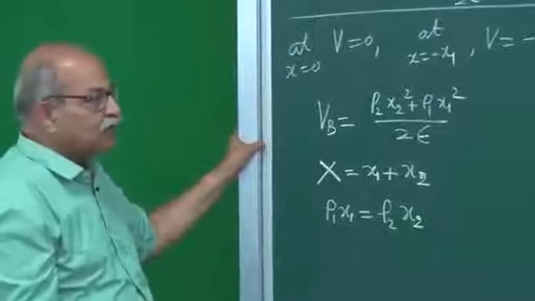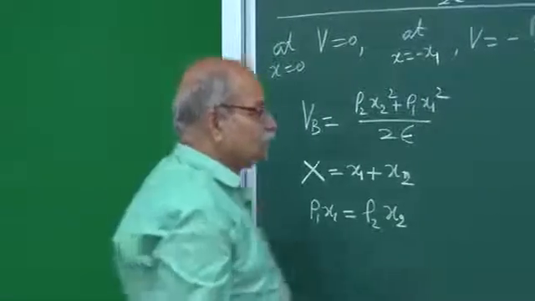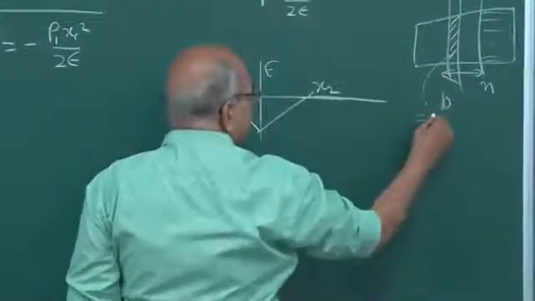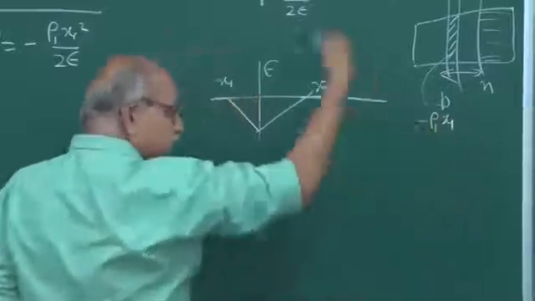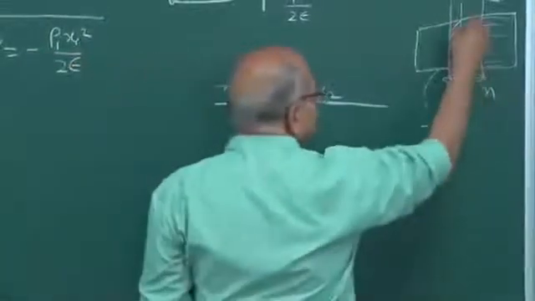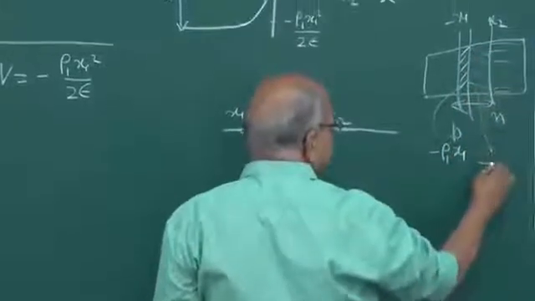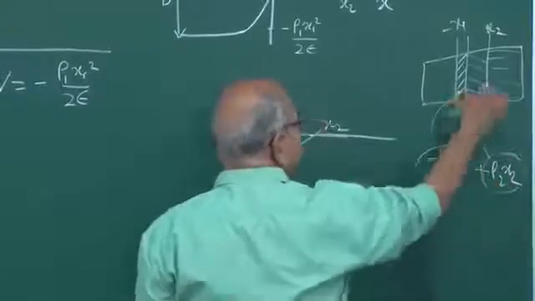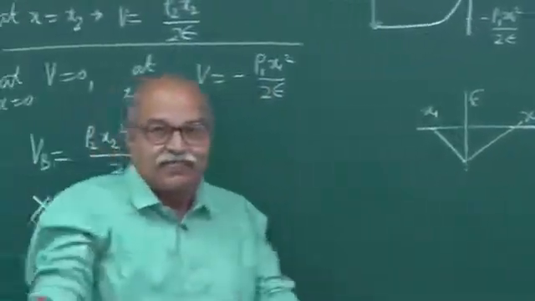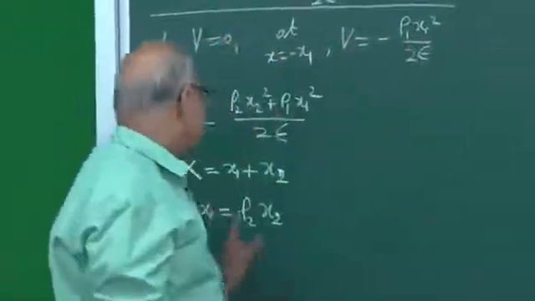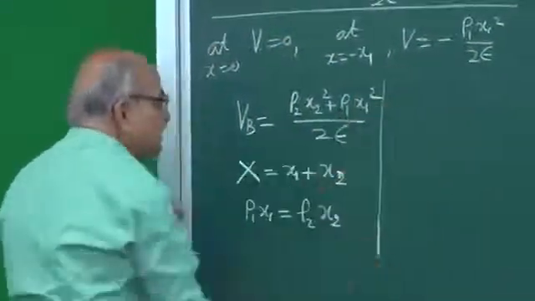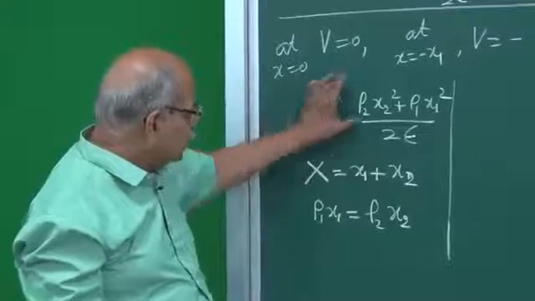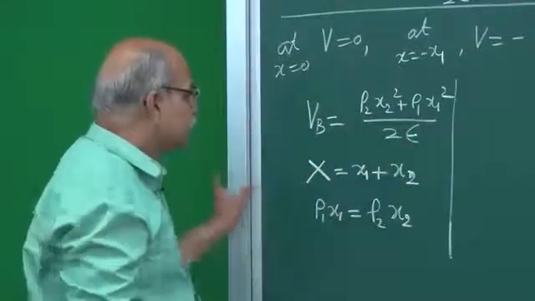Charge neutrality, rho 1 x1 should be equal to rho 2 x2 because the charge here is minus rho 1 times x1 times that area of cross section, and the charge which is here will be similarly plus rho 2 x2. And since this total should be 0, after all we have not put any charge in this material, so this relation. From these we can write capital X in terms of VB, rho 1, rho 2, eliminating x1 and x2.